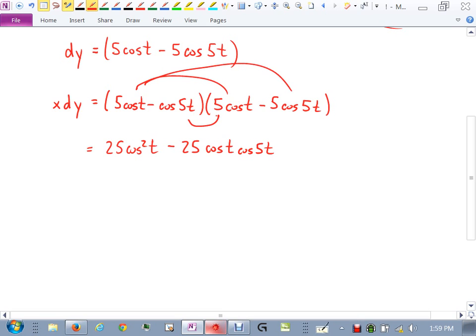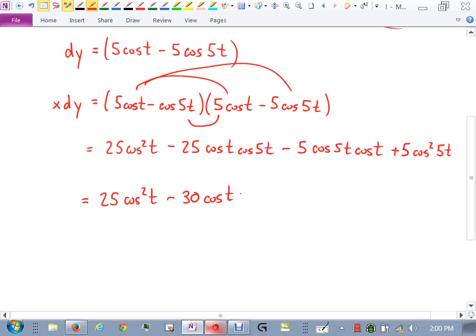And then this one right here, which will be minus 5 cosine 5t cosine t, and then plus 5 cosine squared 5t. So we have 25 cosine squared t minus 30 cosine t cosine 5t plus 5 cosine squared 5t.